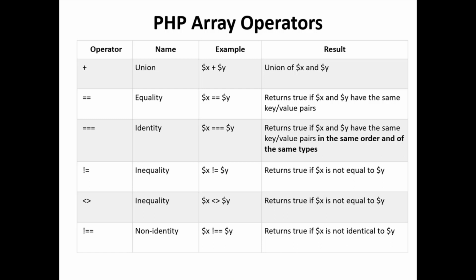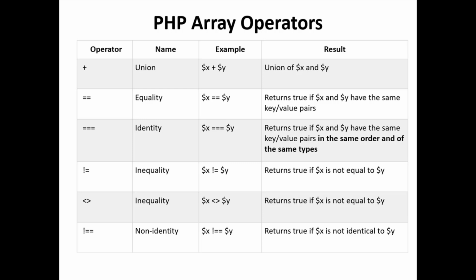Union on X and Y is represented by $x + $y. Equality, that is $x == $y, returns true if $x and $y have the same key value pairs.